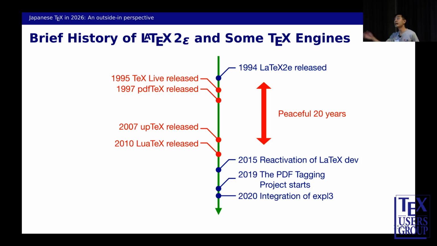Looking at the TeX community, I am the only person, well, not really only, but just one or two people, including me, interested in tagging and accessibility. And most of the TeX and LaTeX developers are not really interested in tagging or accessibility.